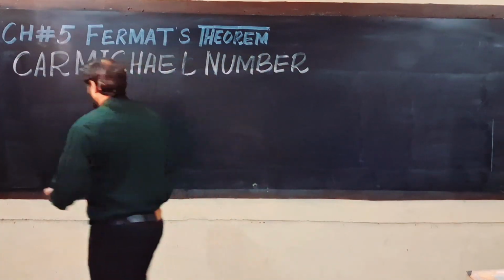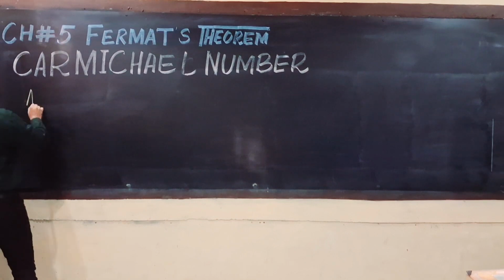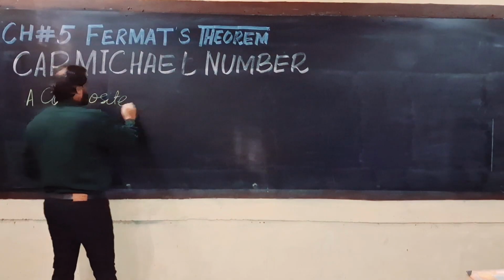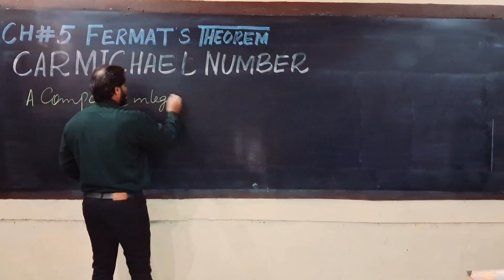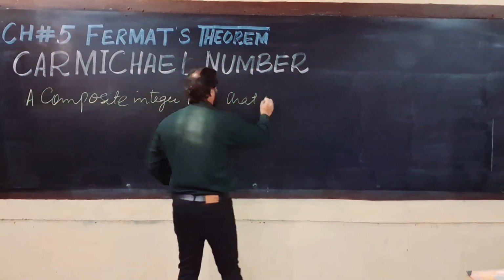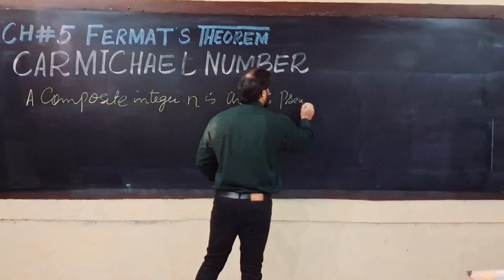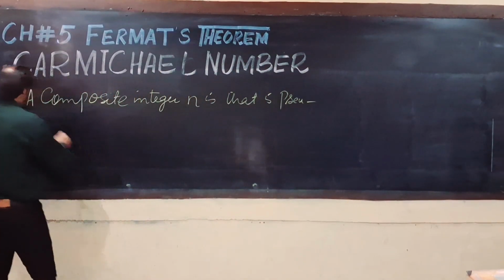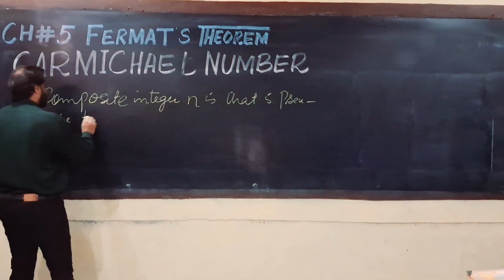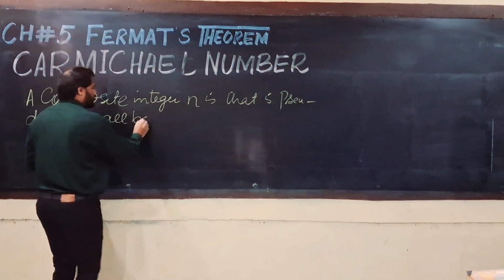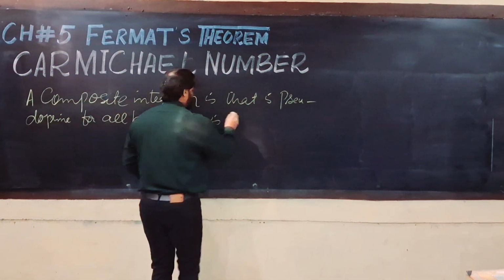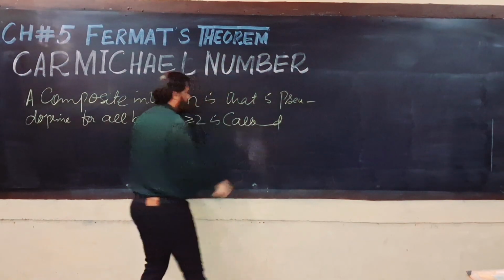So, how can we define a Carmichael number? A composite integer n that is a pseudoprime for all bases a greater than or equal to 2 is called a Carmichael number.